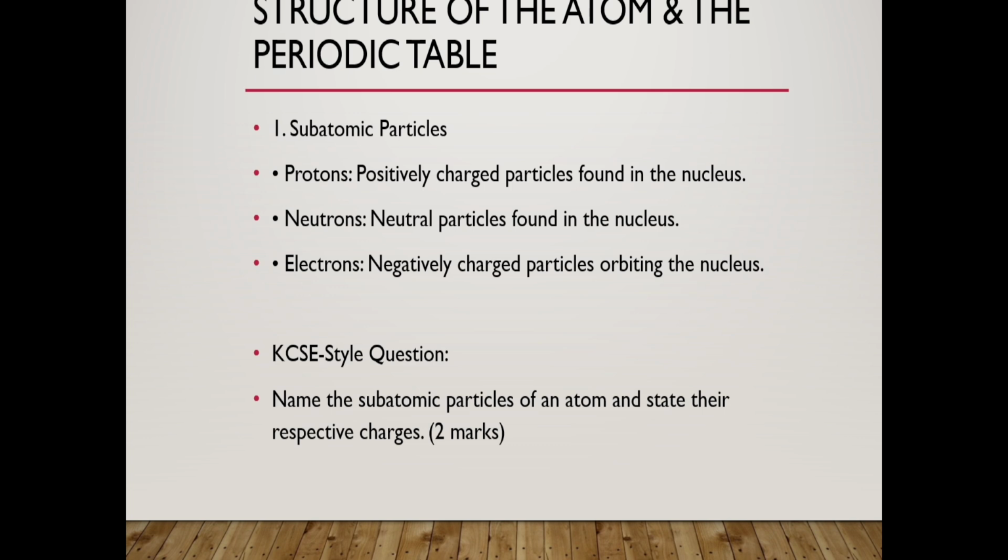An atom is the smallest particle of a chemical element that can exist and also take part in a chemical reaction. I repeat, an atom is the smallest particle of an element, or it can also be a compound, that can take part in a chemical reaction. Usually the atoms are the ones that take part in a chemical reaction.